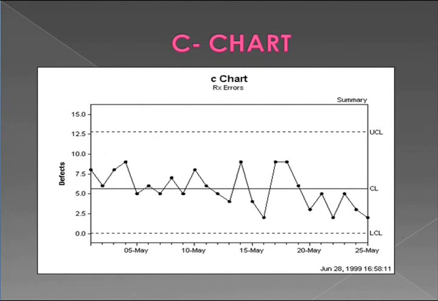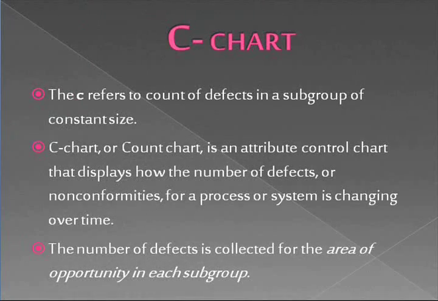C chart, or the count chart. A C chart, or count chart, is an attribute control chart that displays how the number of defects or nonconformities for a process or system is changing over time. The number of defects is collected for the area of opportunity in each subgroup.